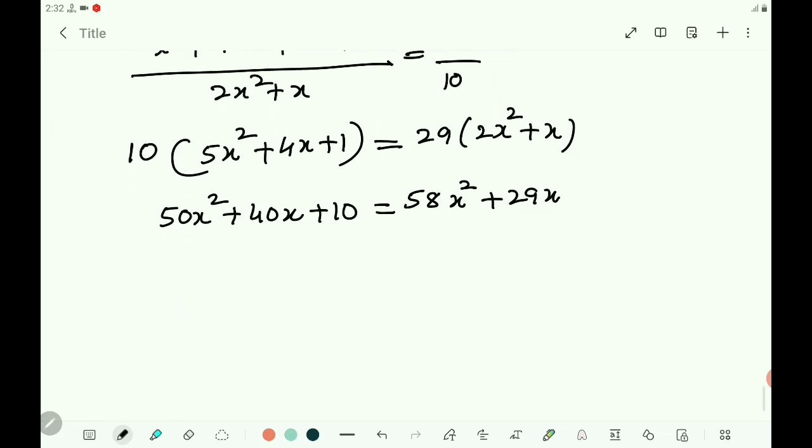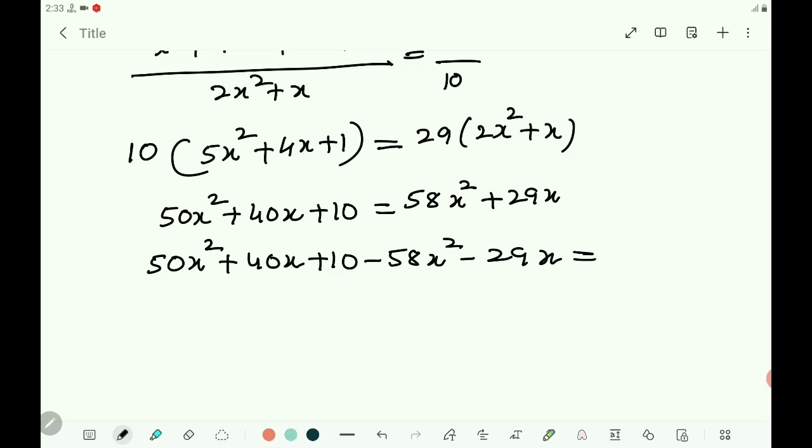Then you transfer: 50x square plus 40x plus 10 minus 58x square minus 29x equals 0.